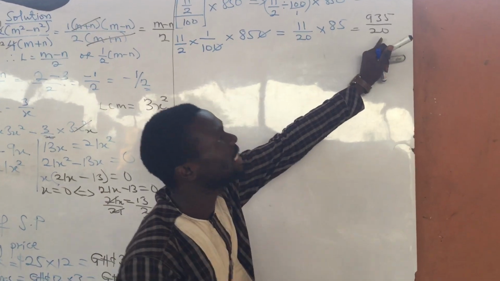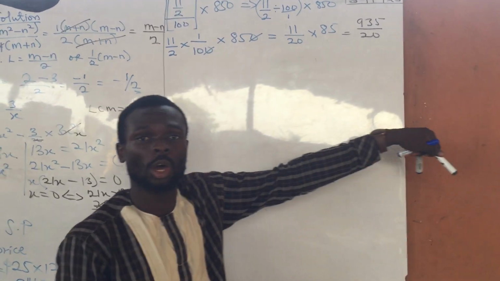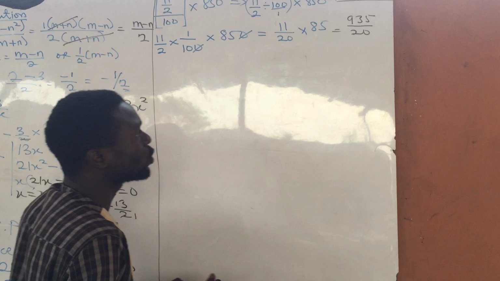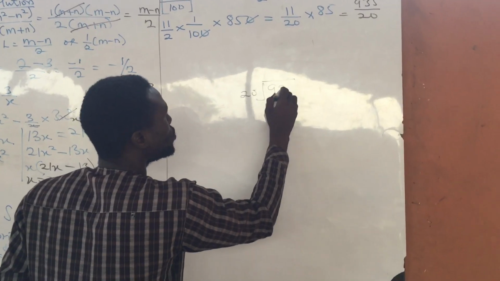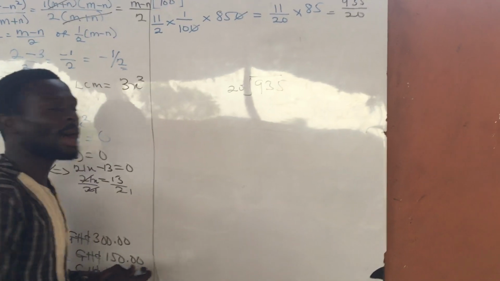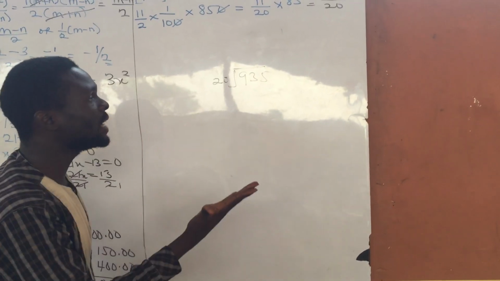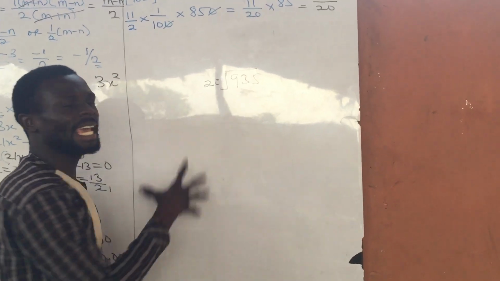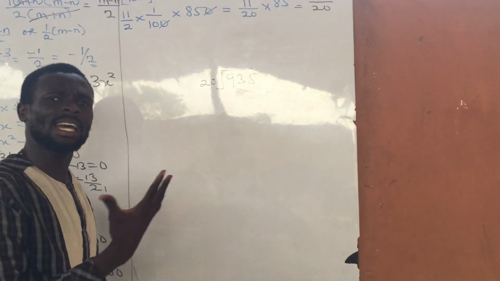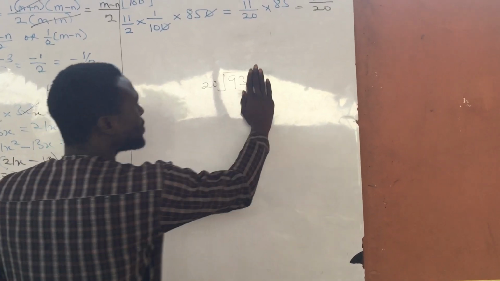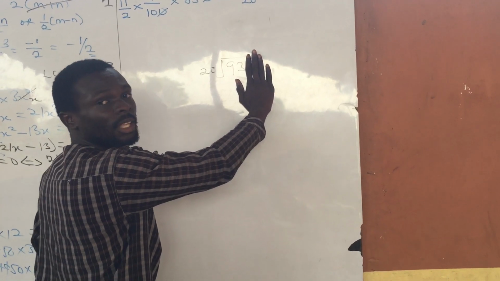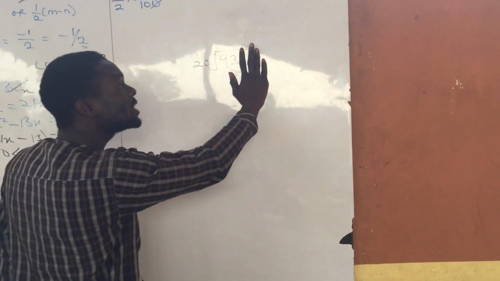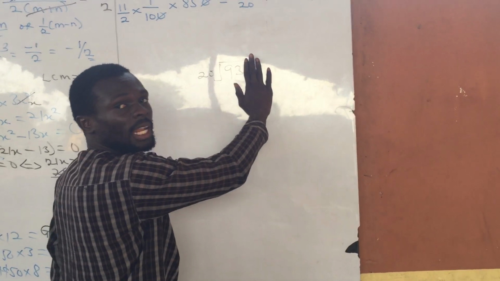Then how can we get this? We solve using the long division approach. So let's see, 20 will be outside, then this will move inside. Now how can we divide? You have this. The number in the division sign is bigger for us to work with. So let's cover the very last one. Now what do we have? 93. Now 20 will go into 93 how many times?